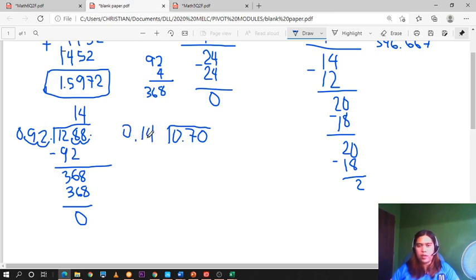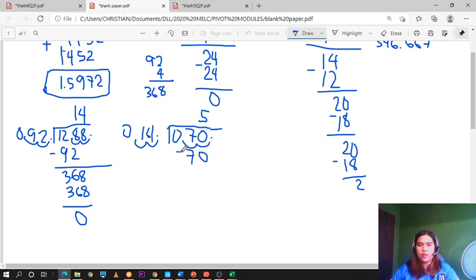So, ano nga po uli ang ating gagawin? So, i-move natin yung decimal point. 1, 2. So, dito rin. So, 1, 2. Okay? So, 70 divided by 14. So, yun po ay 5. So, 5 times 14 is 70.